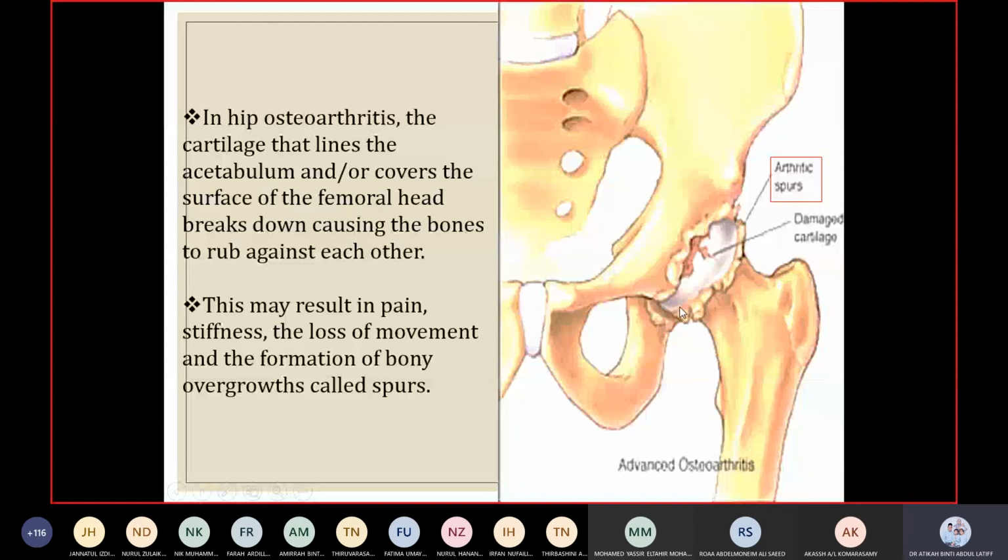For example, here in hip osteoarthritis, which is quite common in the elderly, the articular cartilage is damaged, causing the bones to rub against each other. They also have less synovial fluid inside the joint. This causes pain, stiffness, loss of movement, and formation of bony overgrowth or spurs.